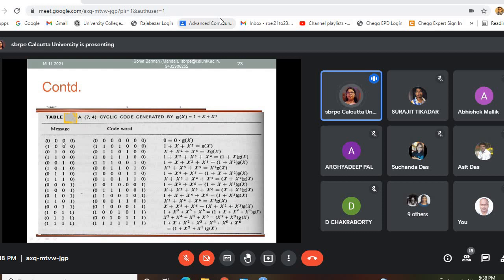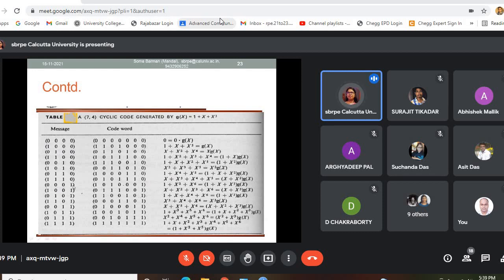Out of these 16, 1 0 0 0 contains a single one, 0 1 0 0 is the second, 0 0 1 0 the third, again 0 0 0 1 another single one.